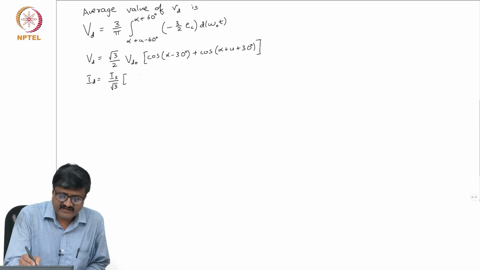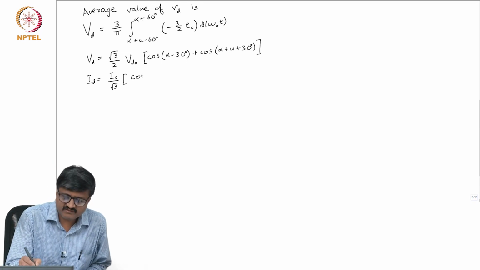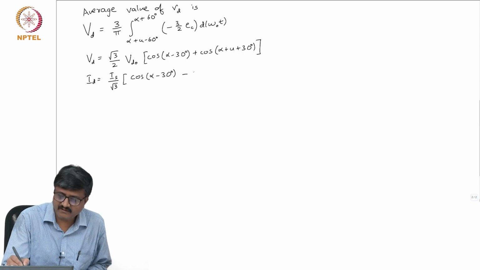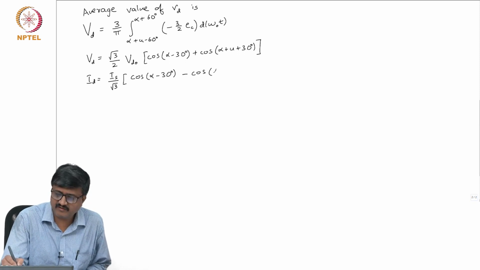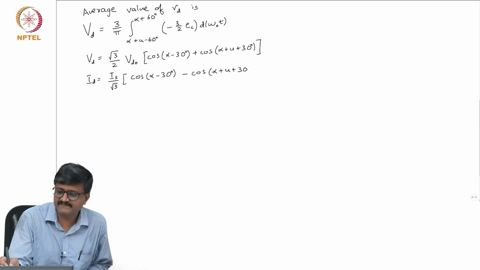So this is Is by root 3 [cos(alpha minus 30 degrees) minus cos(alpha plus u plus 30 degrees)].